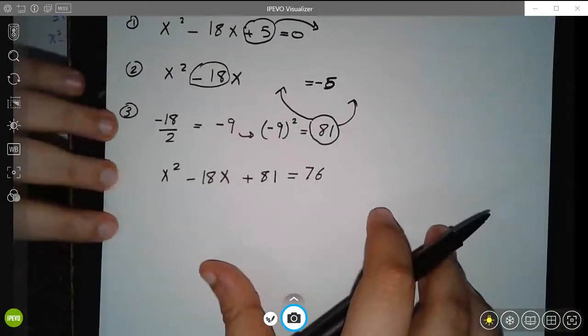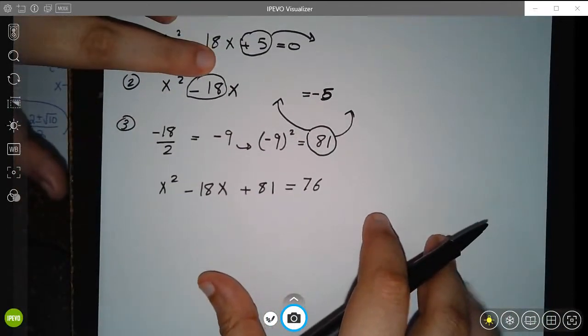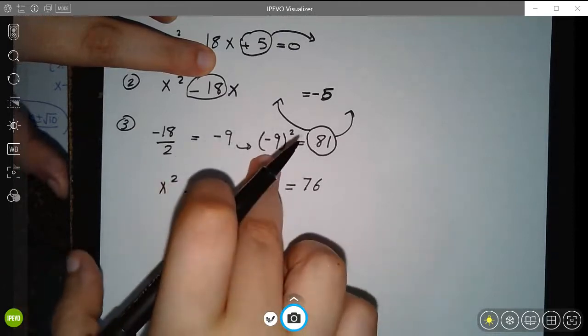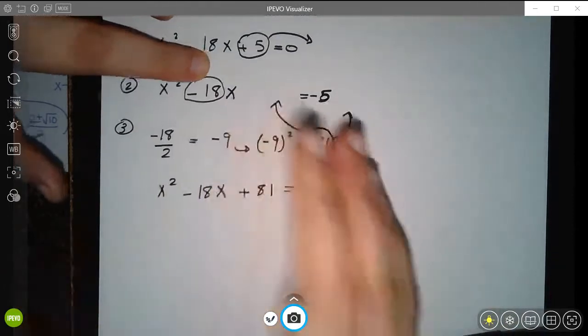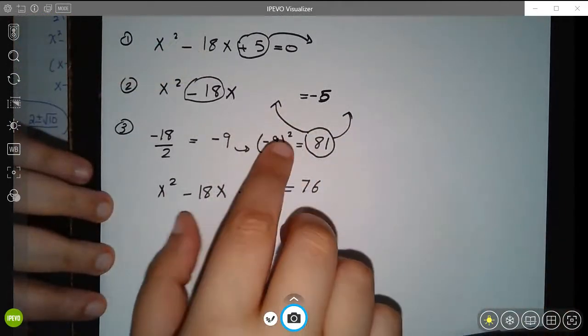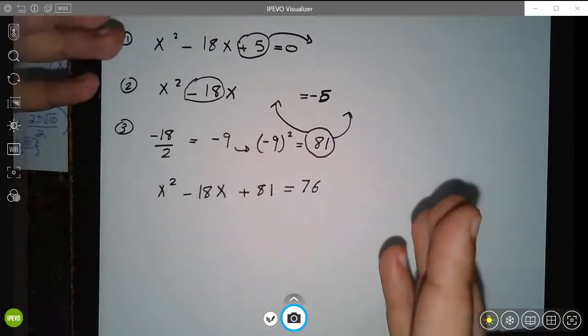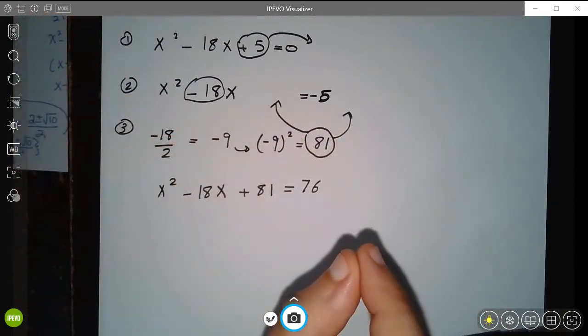All right? Now, basically, what we did was grab the value of b and manipulate it, divide it by 2, and then square it, because if you remember, when you're factoring any equation, we say that the last number is the result of the multiplication of the two numbers inside the parentheses.